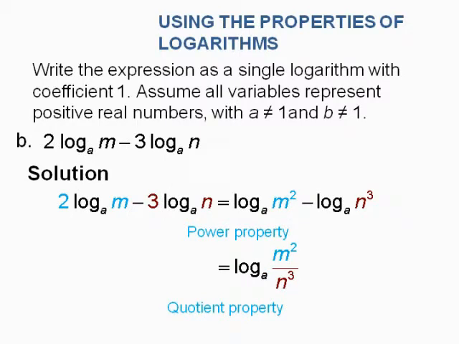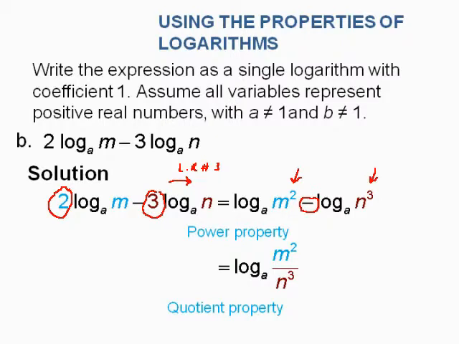Okay, here's another example. In this one, we've got 2 log base a of m minus 3 log base a of n. If we're going in the reverse order, notice these numbers get moved as exponents. We're seeing numbers in front, so we have to use log rule 3 to write them as exponents.